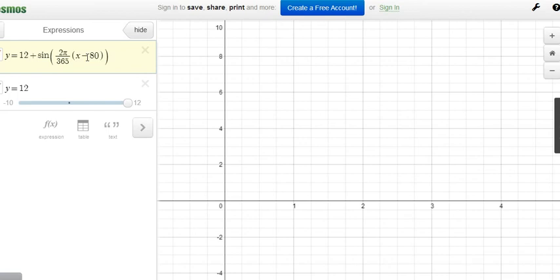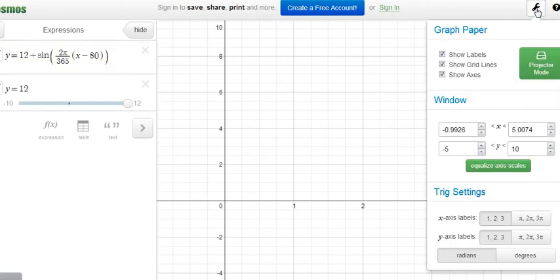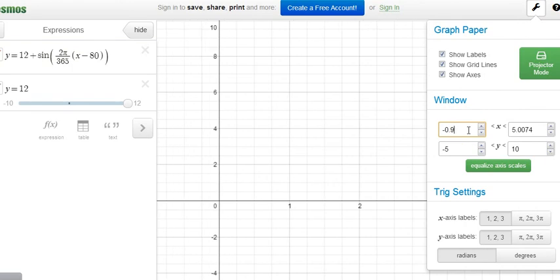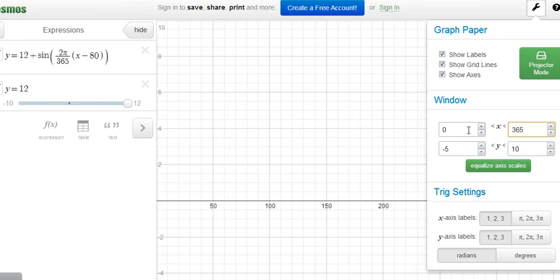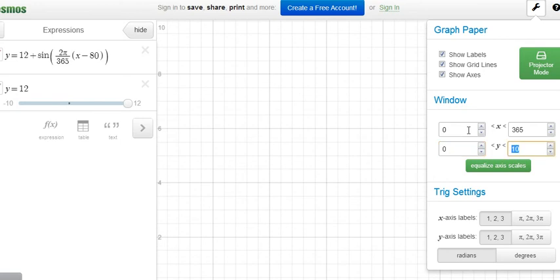Okay, I think that's pretty much it, right? Now, we're not going to see much because we know that stuff goes from 8.4 to 12, right? So we need to set a window. And our x values, we're doing a year, so let's go from 0 to 365. And our y values, we can go 0 to, what was 15?